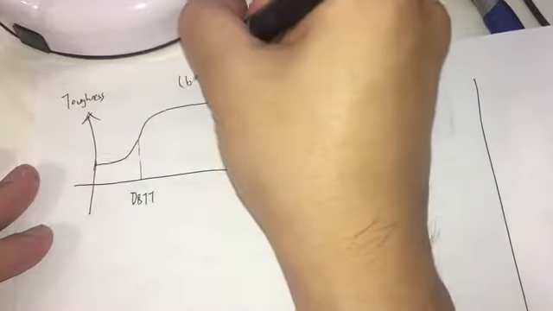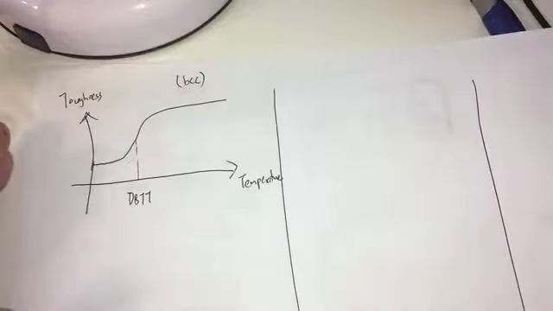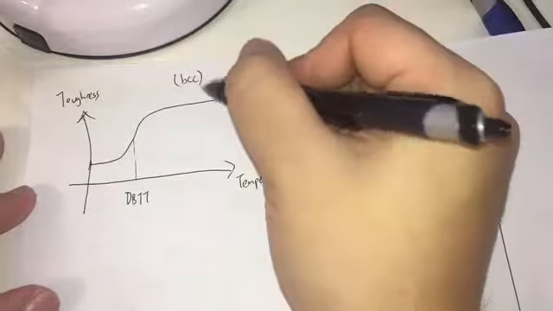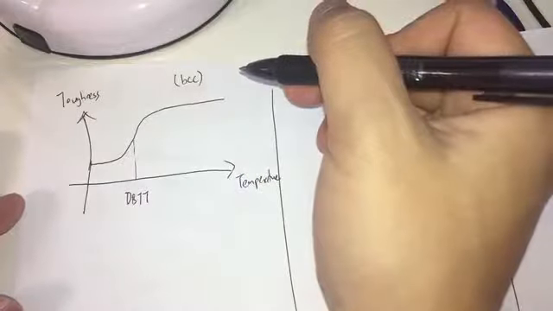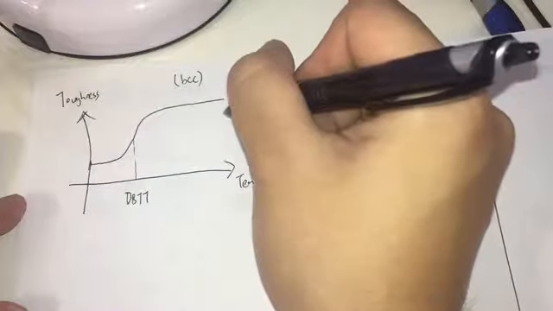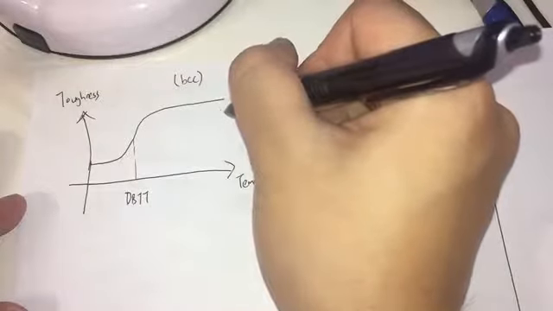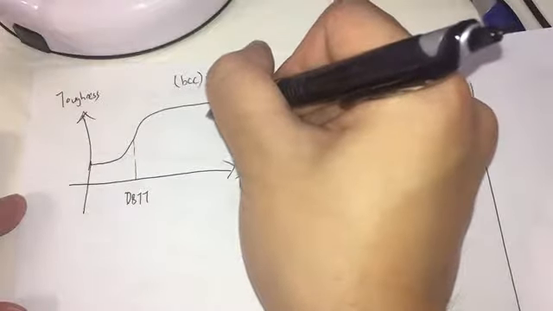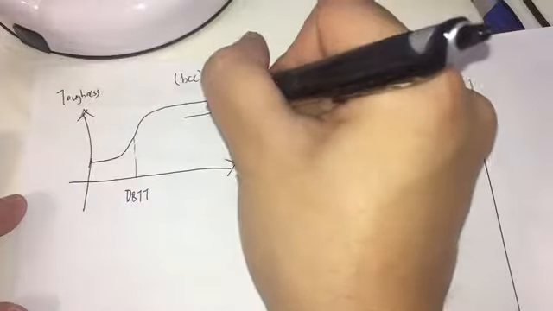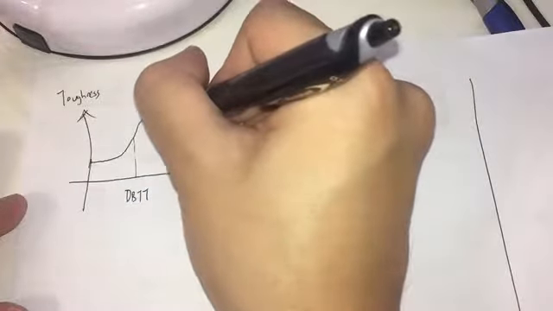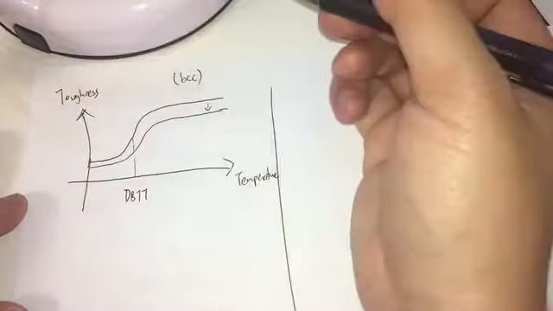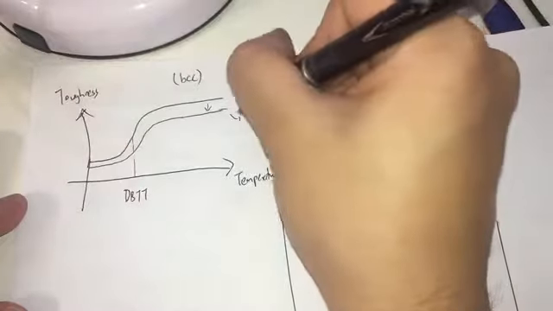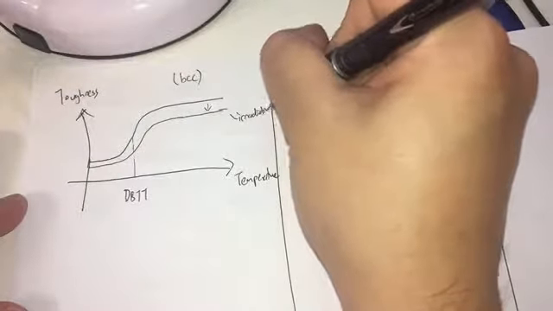This is for BCC, so BCC will exhibit this behavior. So what happens when you irradiate it? The toughness at every temperature will drop accordingly. That's what embrittlement means. So this is irradiation.